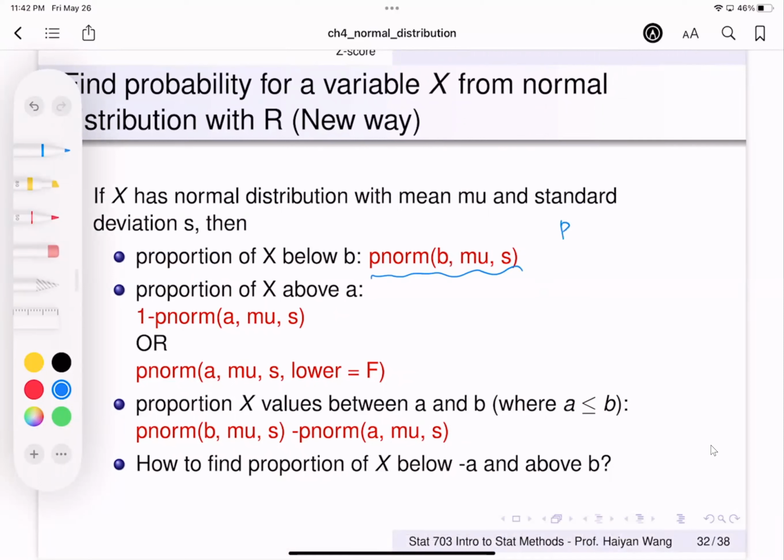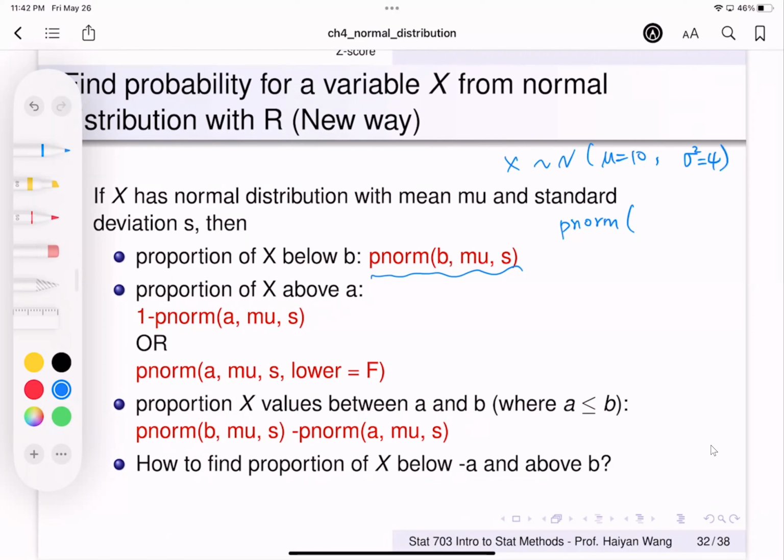For example, I wanted the probability of x, say x follows a normal distribution with mean mu equals 10 and sigma squared equals 4.